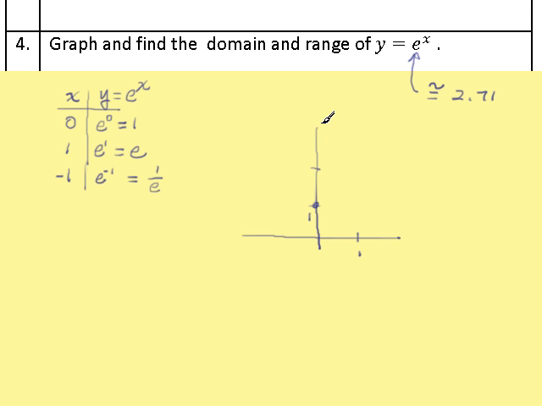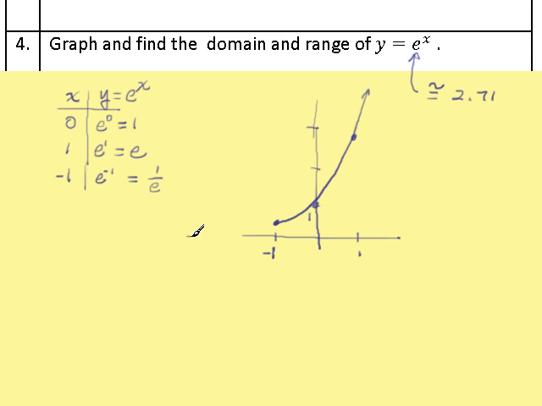Here's 2. Let's say this is 3. So 2.71, let's put it over here. And here we have e to the -1, which is 1 over e, 1 over 2.71, which is a little bit bigger than 1/3 over here. And we'll just connect.